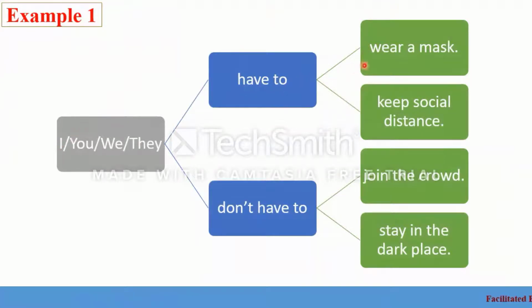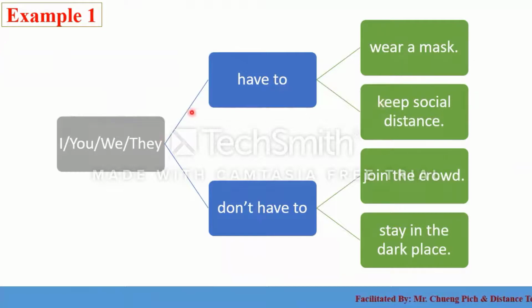You have to wear a mask. We have to wear a mask. They have to wear a mask. Or we can use I, you, we, they with have to to make another example, keep social distance. So we can say they have to keep social distance, or we have to keep social distance.